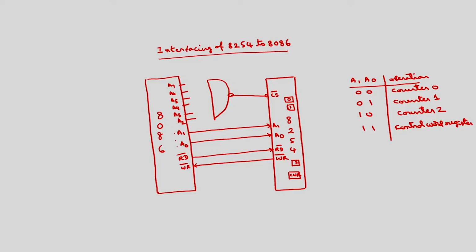To have a different feeling, I am assuming here some inverters are connected. Now what will be the address of counter 0, counter 1, counter 2 and control register? This is the mapping.